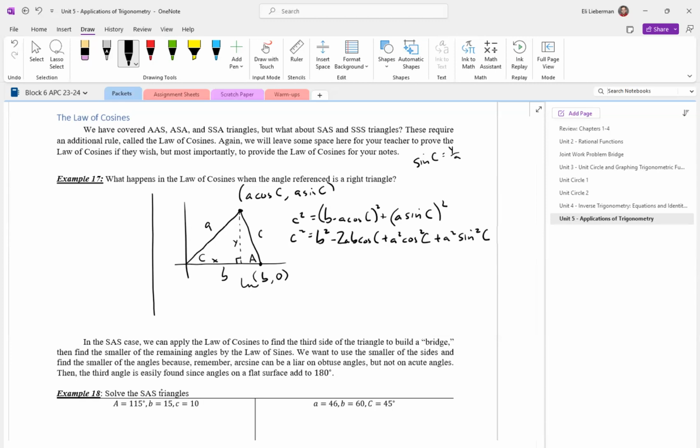So it looks like this. And discuss how we could simplify that. You should see something really nice. Something very comfortable.